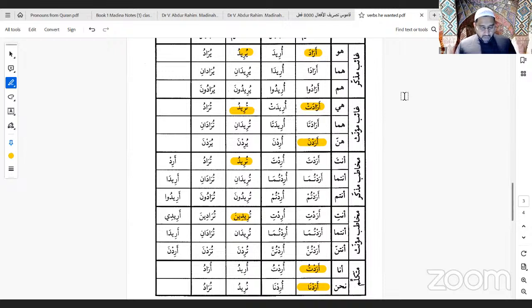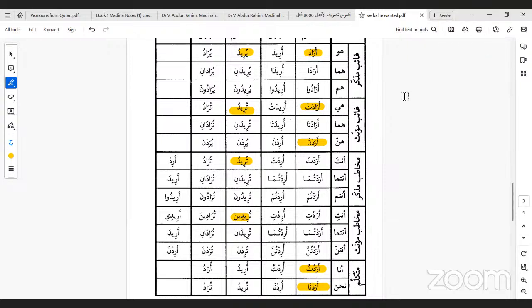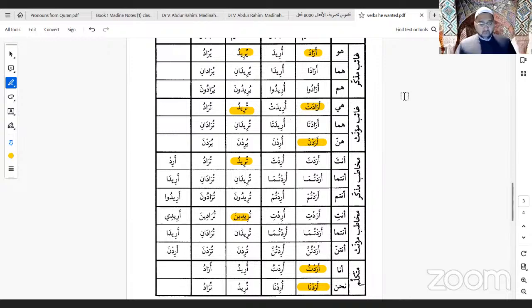And I want you to conjugate this for me, the past tense. And I'll write arada, yuridu. Bismillah. Conjugate, please. Past tense. Let me send it. I've just sent it in the WhatsApp group. Have a look so that you know how it looks.